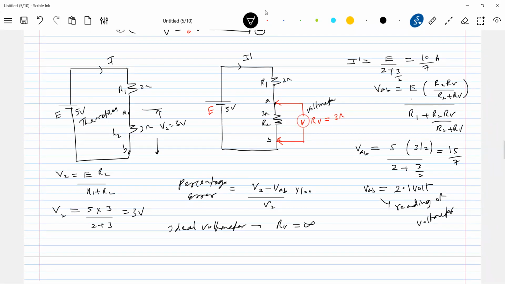I'll write the statement; again RV is the symbol, you may get confused. Internal resistance of an ideal voltmeter is infinity.